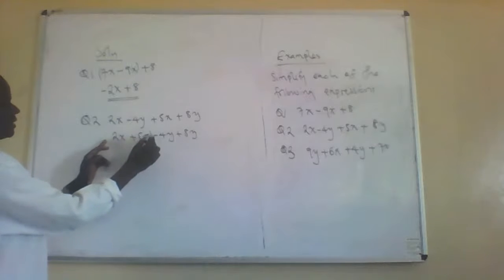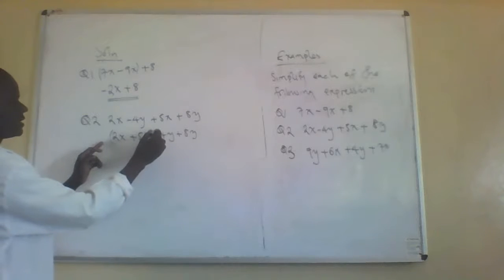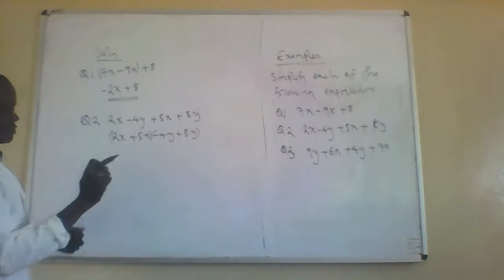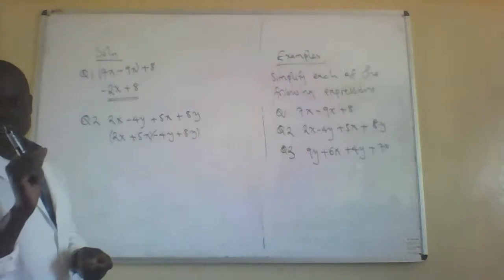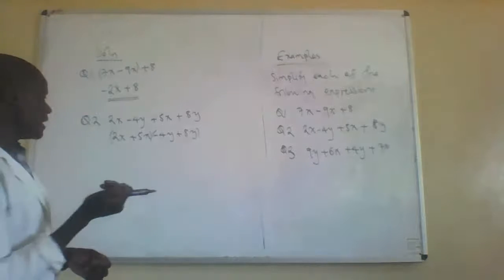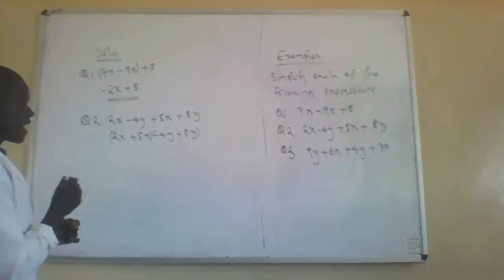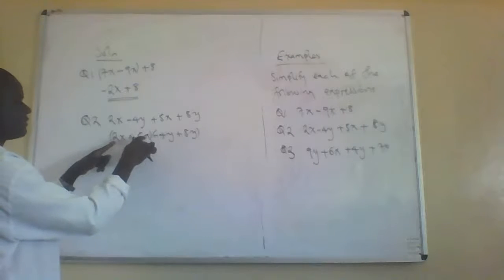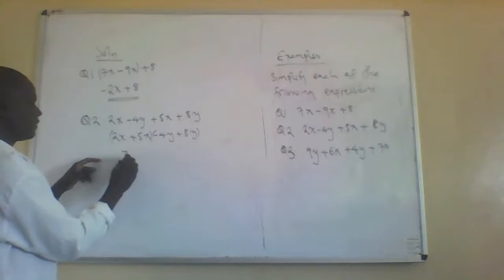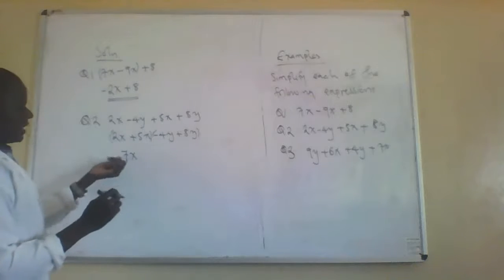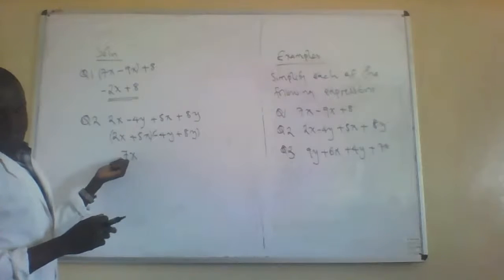These terms are alike. Okay, so the second point was when you have two expressions that have the same sign, what do you do? You add them and then pick a single sign. So you add 2x plus 5x, and then you have 7x. But both of them here are positive, therefore the overall answer becomes positive.